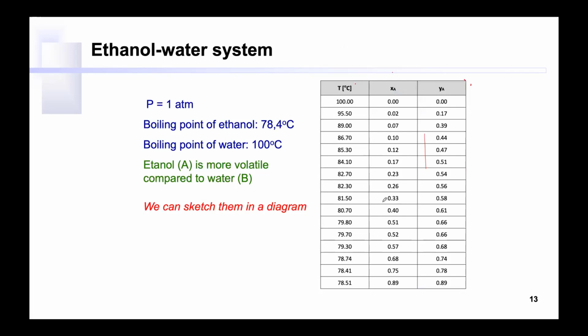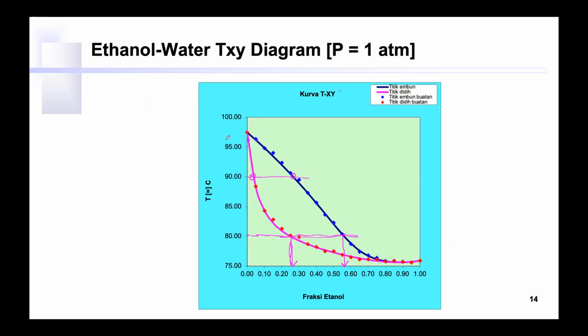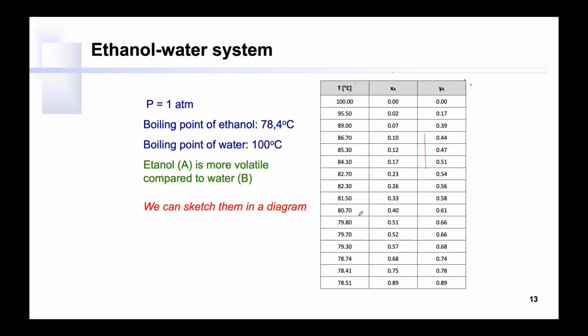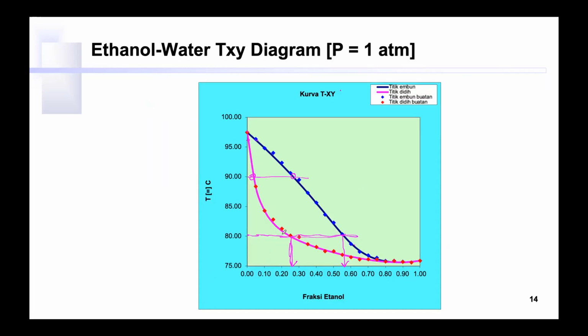Kita kebalik ya. Or maybe it's a different graph from here. But okay, just let's read the graph then. So for example, just using this graph at 80 degrees Celsius, then you can read the XA, maybe around 0.27.